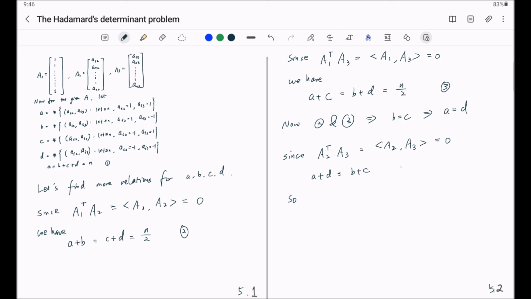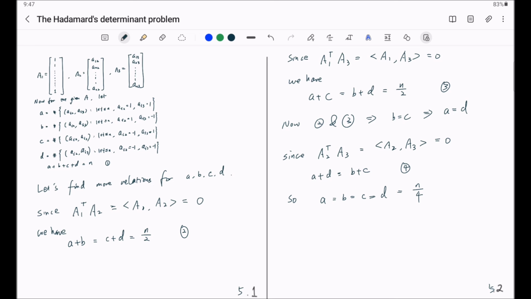So now because A is equal to D, B is equal to C. Now we have A equal to B equal to C equal to D. And because their sum is equal to n, they must all equal n divided by 4.